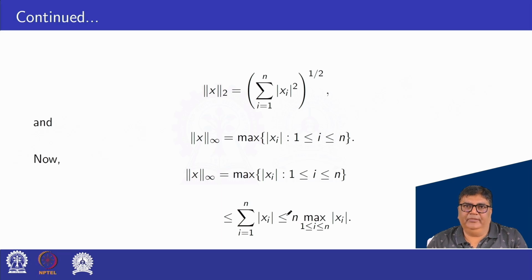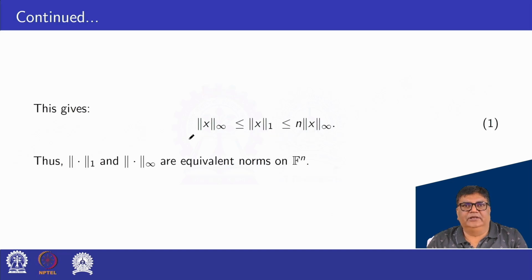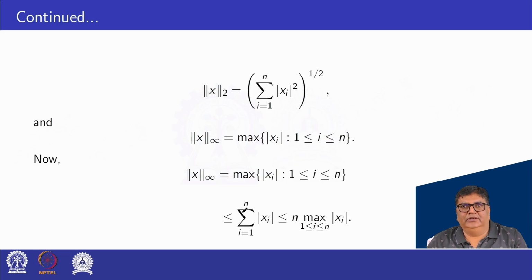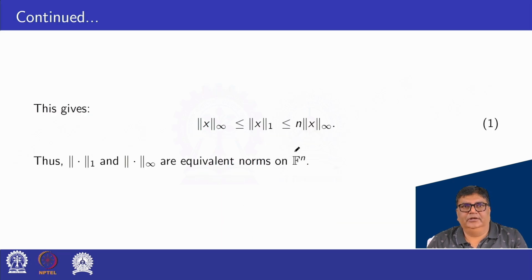So we have n max of mod xi, that is norm x infinity less or equal to n max of mod xi. This gives that norm x infinity is less or equal to norm x1, which is less or equal to n into norm infinity. So we have this equation 1. So norm 1 and infinity are equivalent.